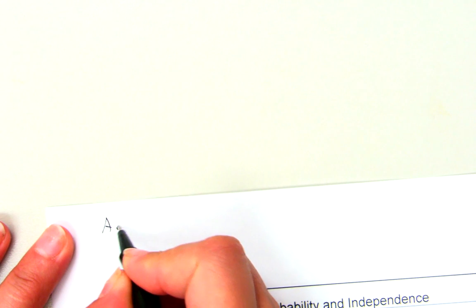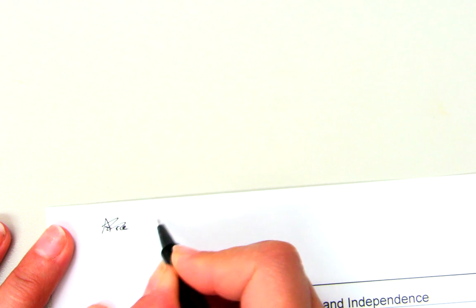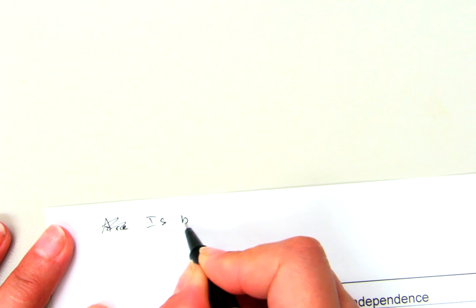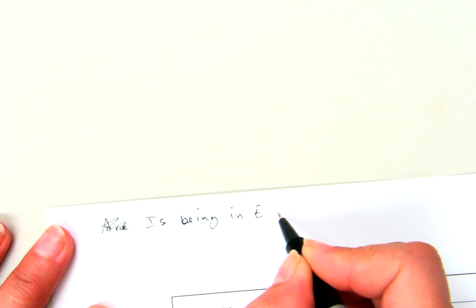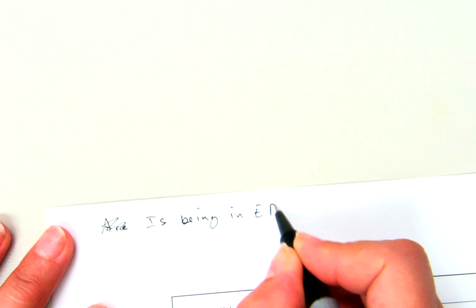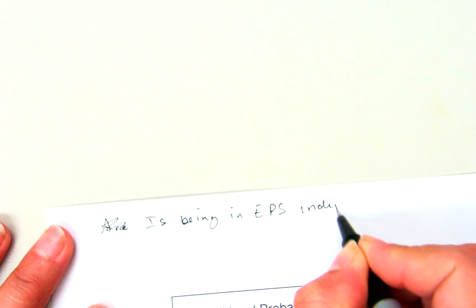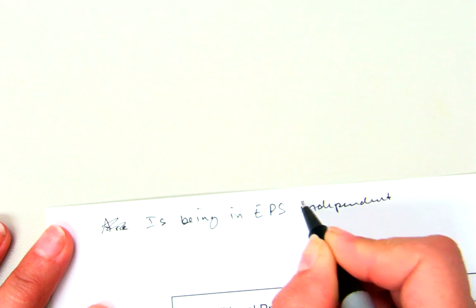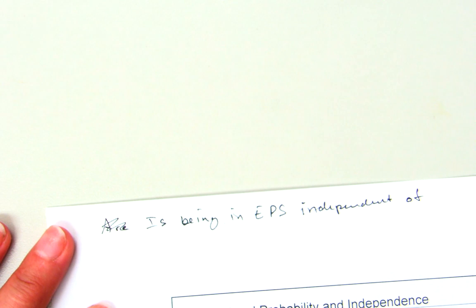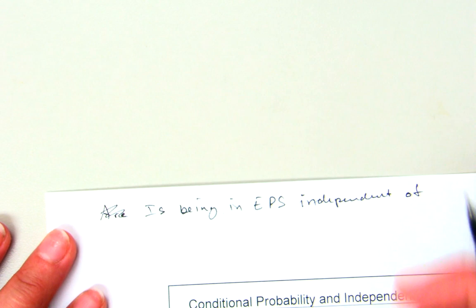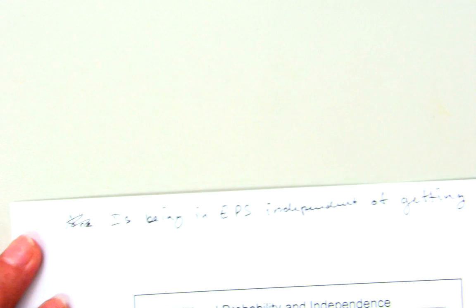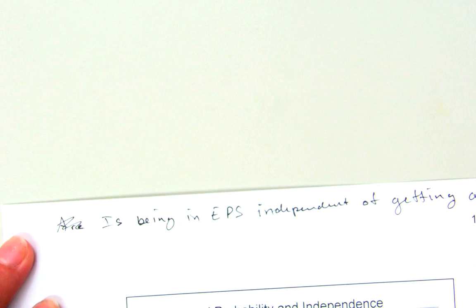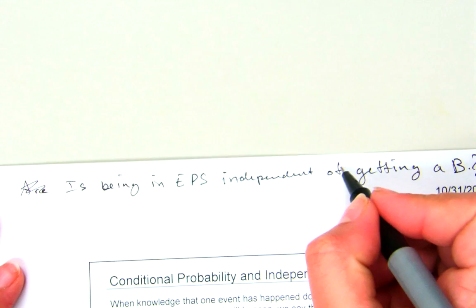So the question is, is being in EPS, engineering and physical sciences, independent of getting a B? Okay, that would be a typical question.